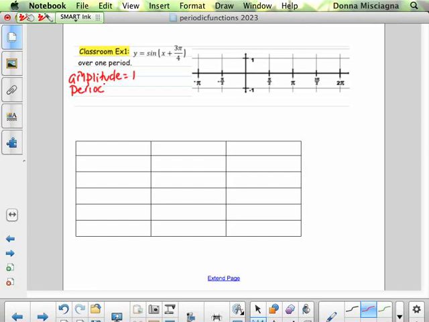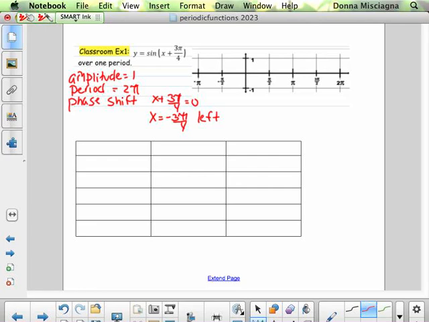Since b is also 1, the period is 2 pi. Phase shift: we have x plus 3 pi fourths equals 0. Subtract 3 pi fourths from both sides, so x equals negative 3 pi fourths. So that is to the left this time, not the right. So we're going to subtract.